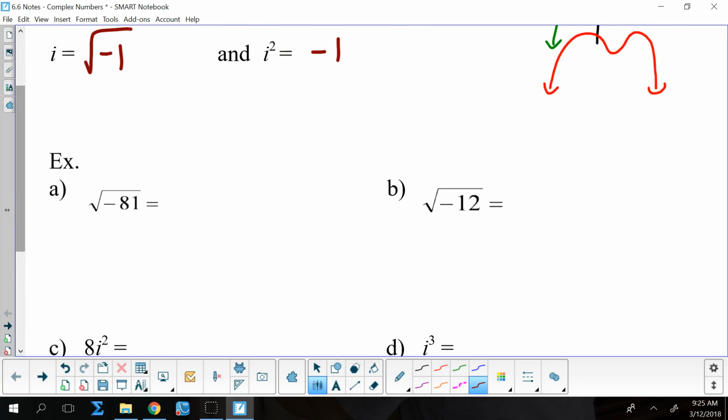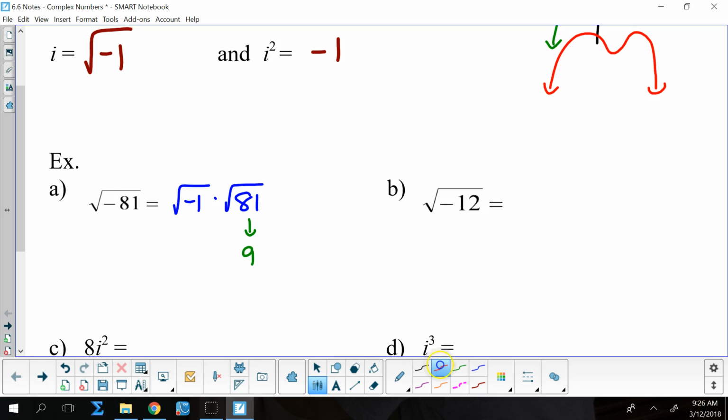So for me, because I do things a little differently, this would be the square root of negative 1 times the square root of 81, which allows this to be 9.